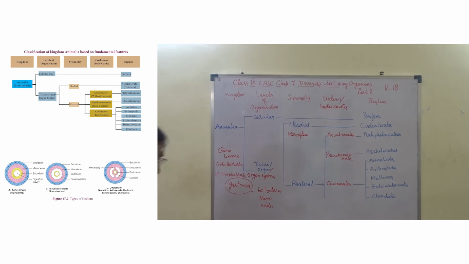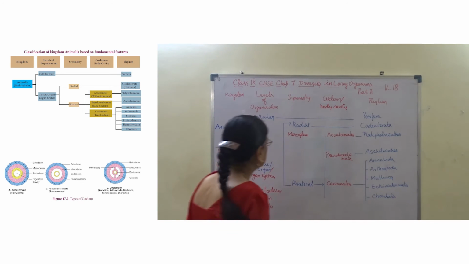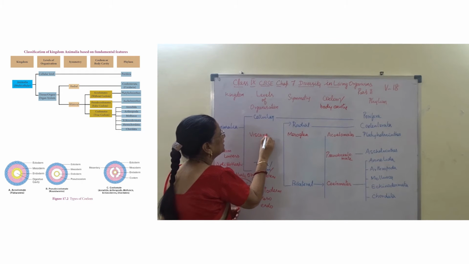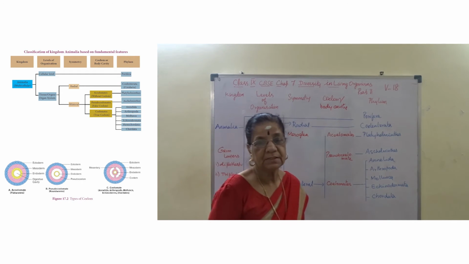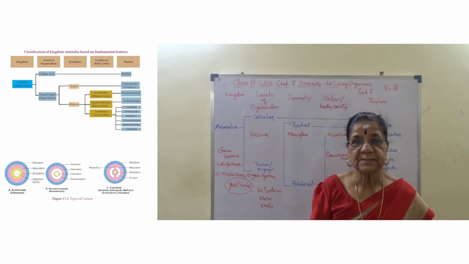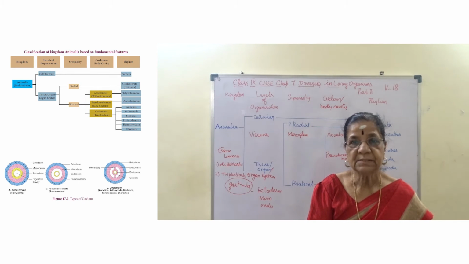Those internal organs within the body are called viscera. It is known as viscera. Internal organs we find: digestive system, heart and lungs, excretory system.